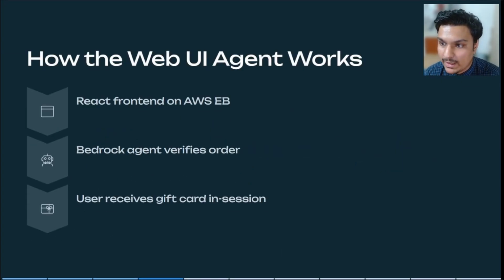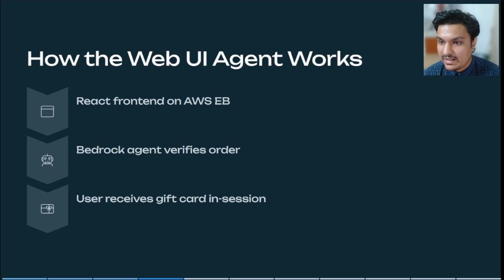So how the web UI agent works. It's a React frontend. It's hosted on AWS Elastic Beanstalk. It runs 24/7. Basically, the Bedrock agent verifies the order ID. It generates a gift card code and provides it to the user through the chat interface, and also to their email.